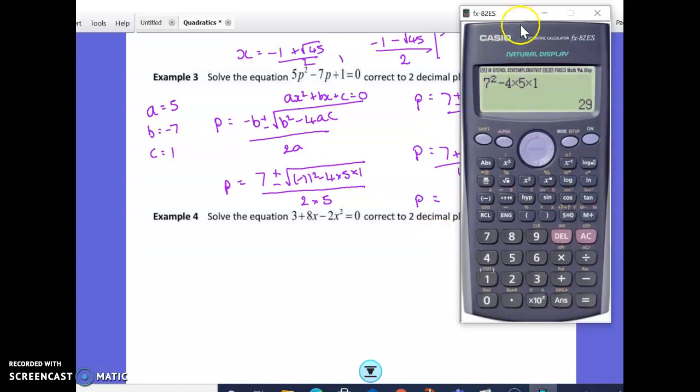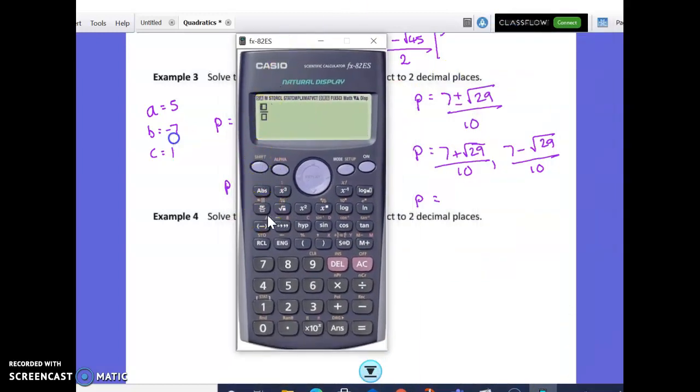Calculator working. 7 plus root 29 over 10, which is 1.2385.